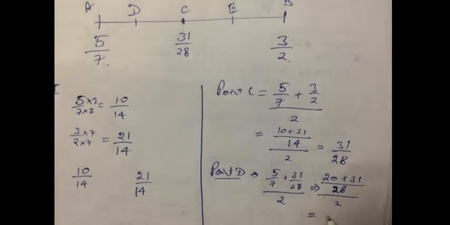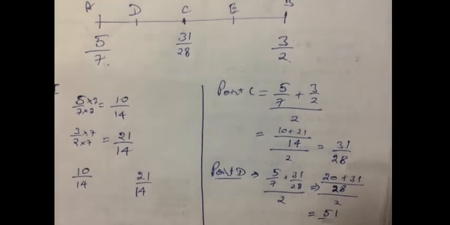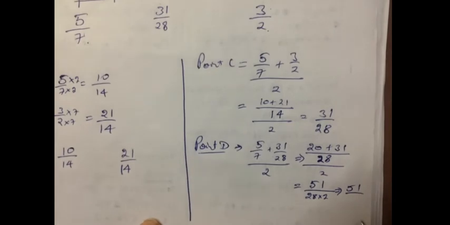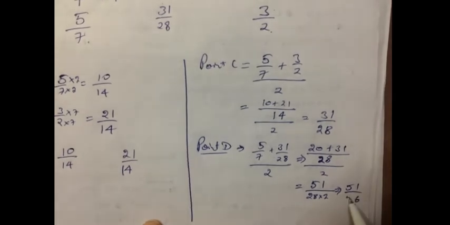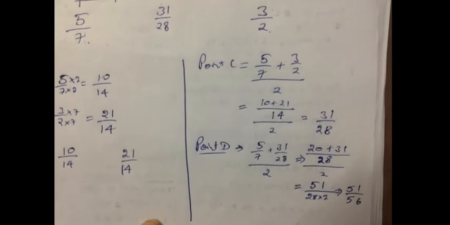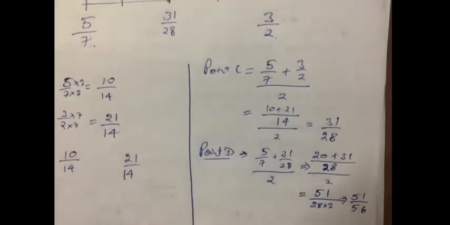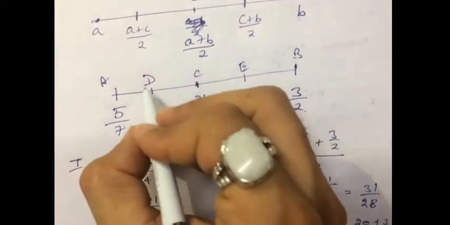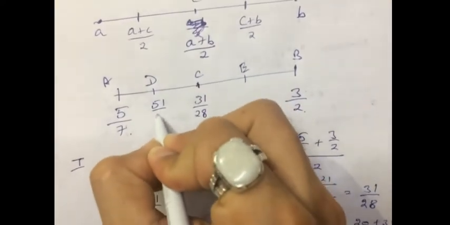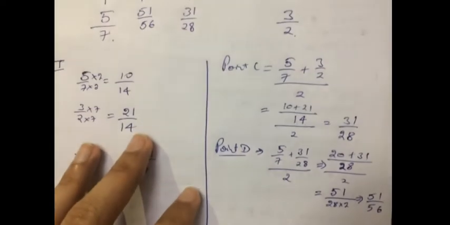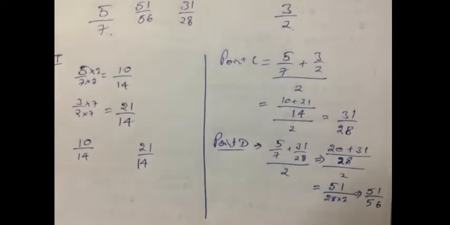Answer will be 31 plus 20 gives 51 upon 28 into 2, which gives you 51 upon 56. This will be our point D. We can write it over here, 51 upon 56. Now we have to find point E.